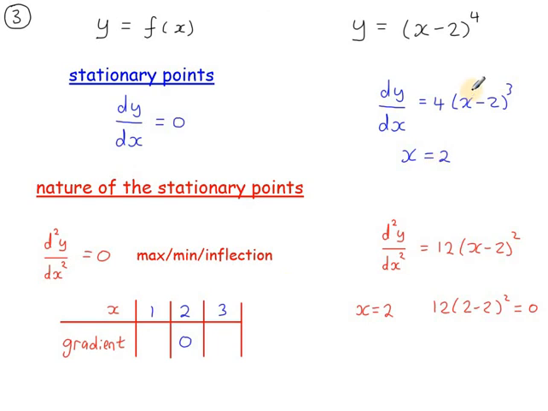When x equals 1, the gradient will be -4, that's negative. And when x equals 3, the gradient will be 4, that's positive. So we have a negative gradient, then a gradient that's 0, then positive, which means we have a minimum point. A minimum point at x equals 2.